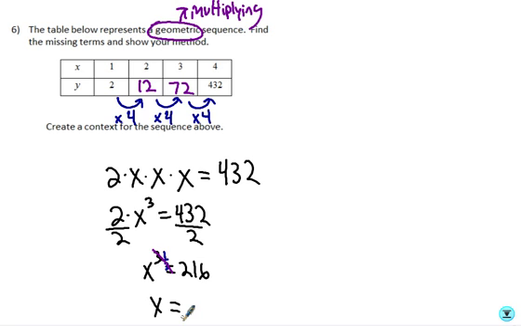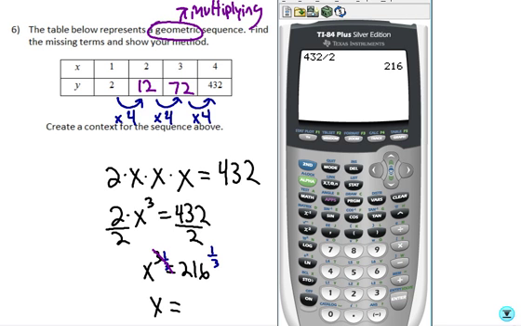Well, what I do to one side, I have to do to the other side. So this would be 216 to the 1/3 power. Now, we're not going to do that in our heads. We're going to use a calculator. So we're going to do 216, raise the roof, right, for your exponent, and then we're going to do 1 divided by 3, and then that gives us 6.